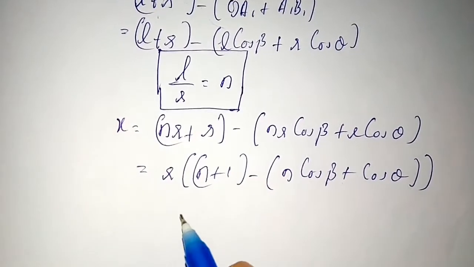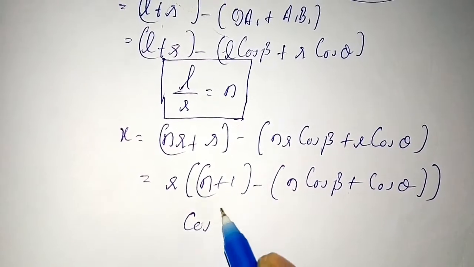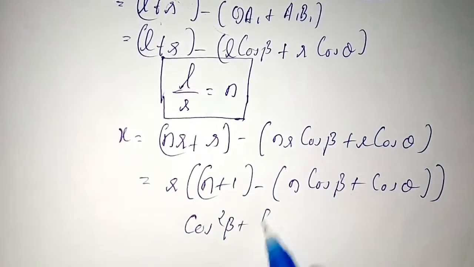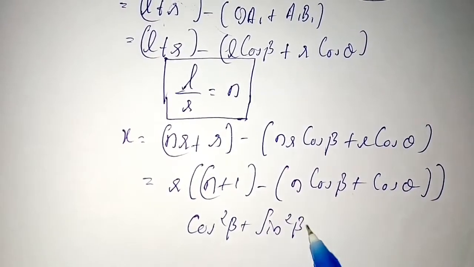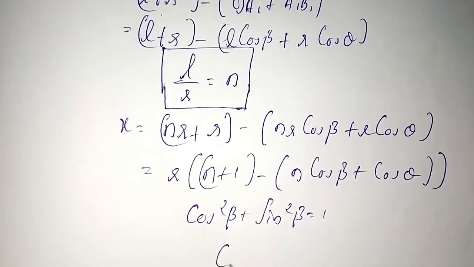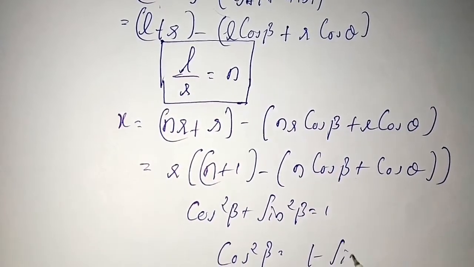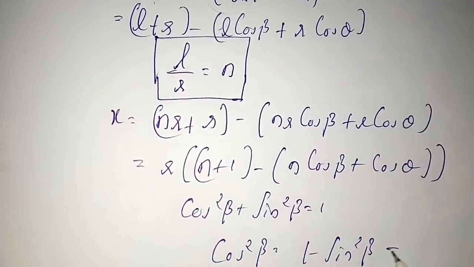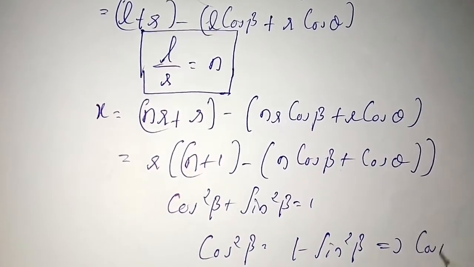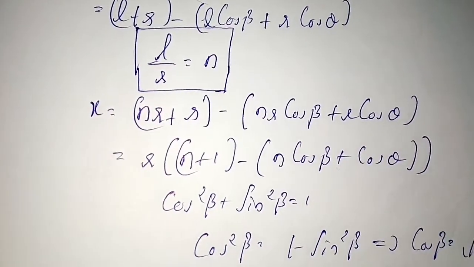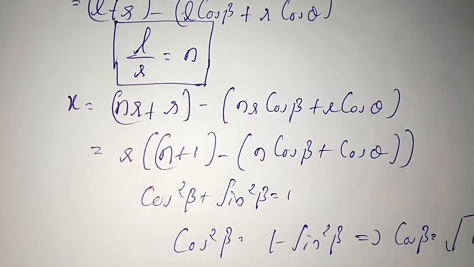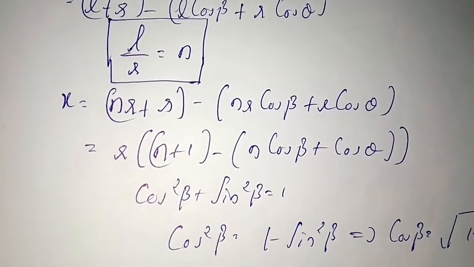We know the trigonometric relation, which is cos square beta plus sin square beta equal to 1. So we can write cos square beta is equal to 1 minus sin square beta, which implies cos beta will be root of 1 minus sin square beta.